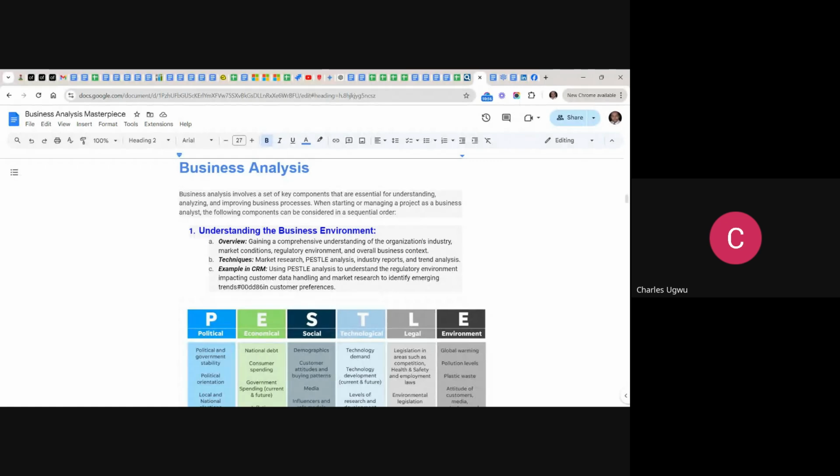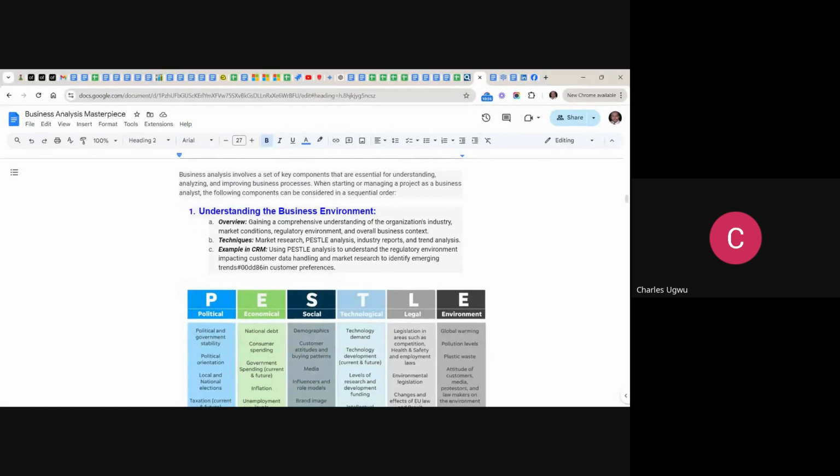Like Gartner, we are going to come to Gartner. Gartner is a consultancy firm that provides a lot of reports about industries, about companies, about products, about a lot of things we can leverage to understand the market better.